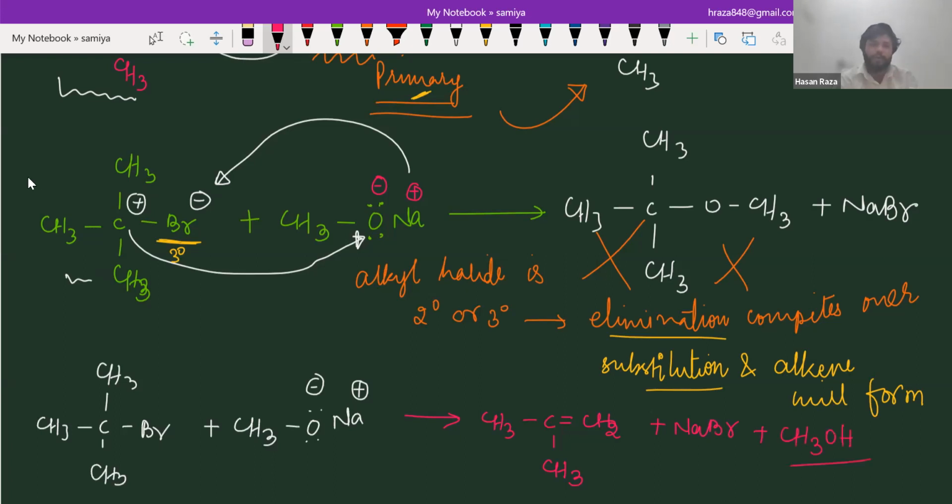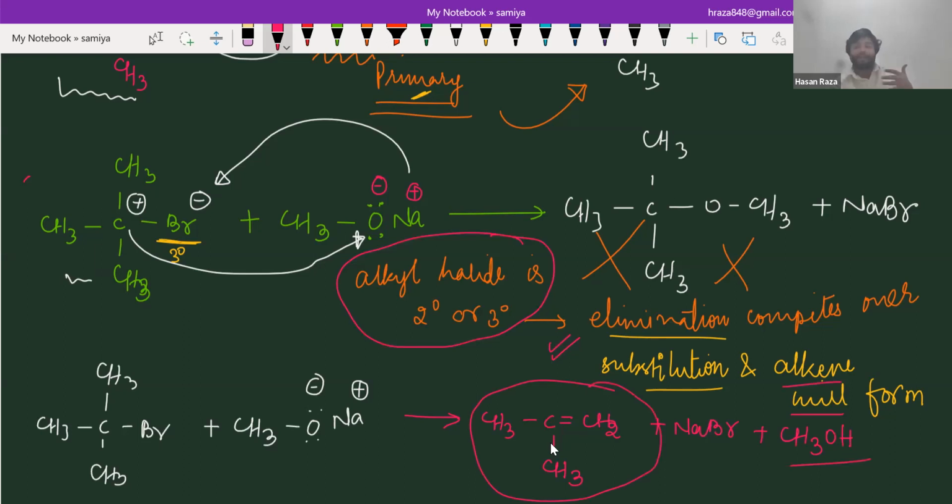First, you are going to write this as wrong, and then here you are going to write that elimination competes over substitution when the alkyl halide is 2° or 3°, and due to elimination, this alkene will form in this way. Now I am going to explain how this alkene forms, which is very easy to understand.